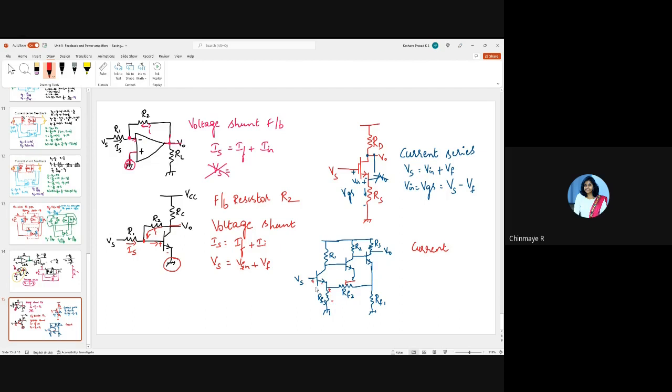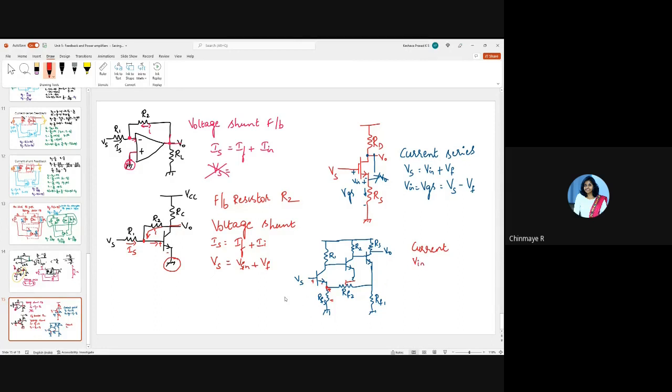Are you able to get this? We are not feeding back current through RF2 to the input, whereas the current through RF2 is coming here. It's not going to the input, right? But what are we feeding back at the input? We are feeding back the voltage across RF3.